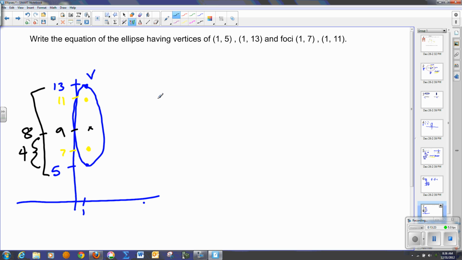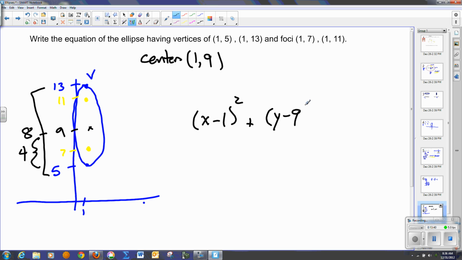So now I know I have a center at 1 and 9. Which then tells me the start of my equation is x minus 1 quantity squared plus y minus 9 quantity squared is equal to 1.